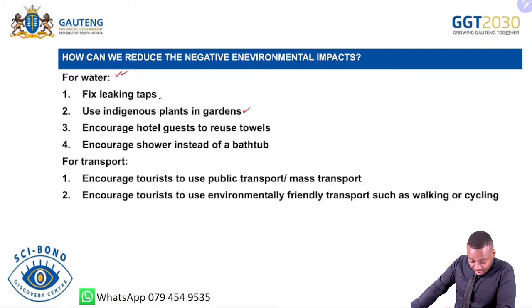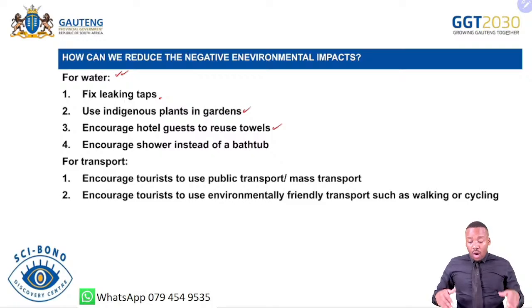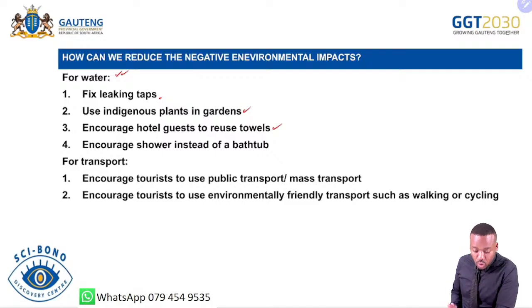Another way to save water is to encourage your guests to reuse the towels, right? All the time after showering, you want to wash the towel. All the time after showering, you want to replace the towel. No. This is unacceptable. So as a tourism business, you can encourage your guests to reuse their towels, right?